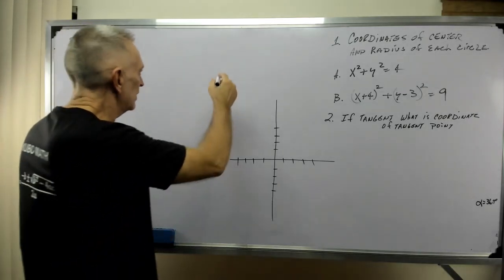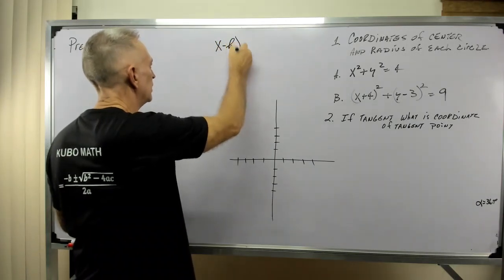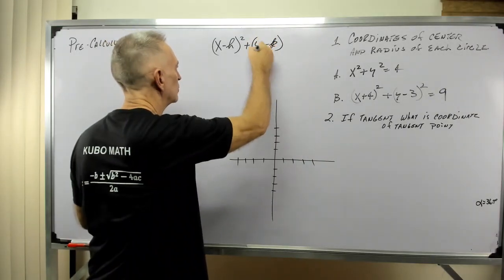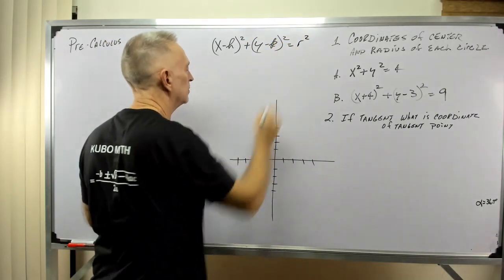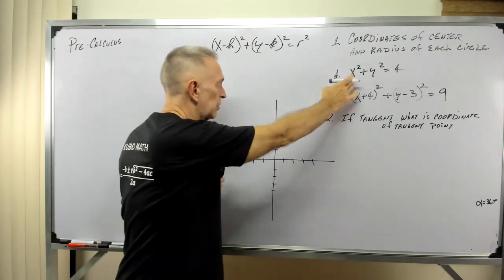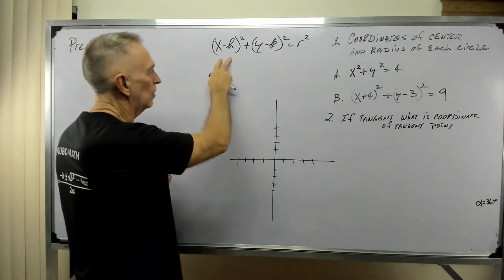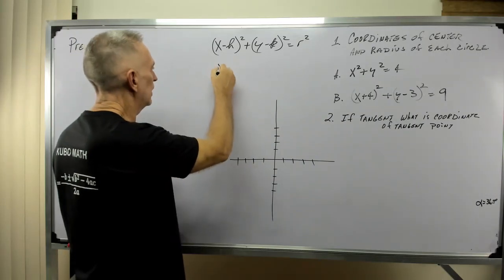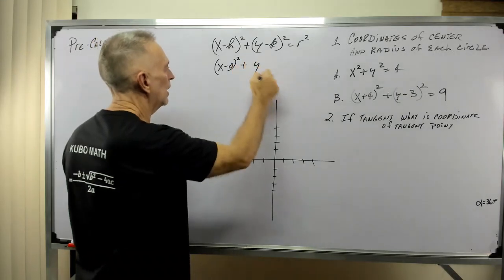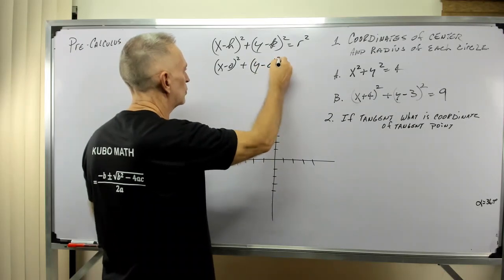Okay, you know the basic equation for a circle is (x minus h) squared plus (y minus k) squared equals r squared. So with that in mind, let's look at this first equation. Well, I have an x squared. I don't have an h. What if h is 0? (x minus 0) squared plus, and I don't have a k, (y minus 0) squared equals r squared.